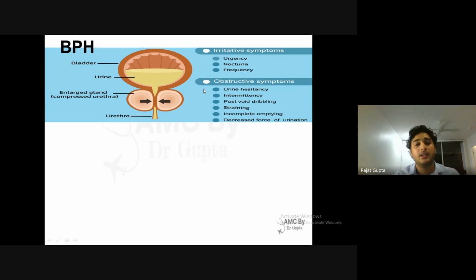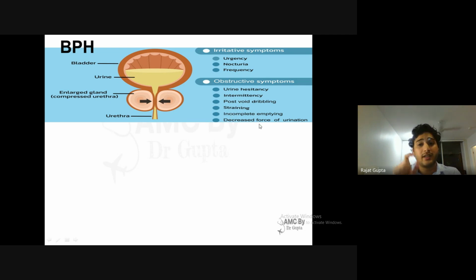Obstructive symptoms are when the patient tries to pass urine, he hesitates, and he intermittently passes urine after some time, and there is still some urine left in the bladder that causes post-voiding dribbling. And when the patient has to put so much pressure to pass the urine because there is obstruction, that is straining.